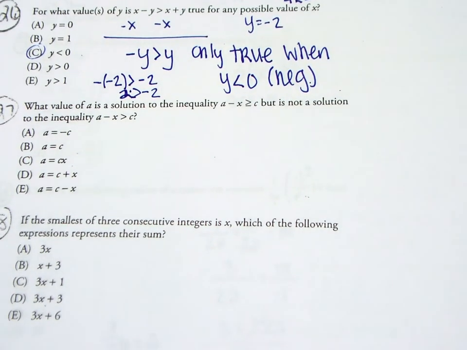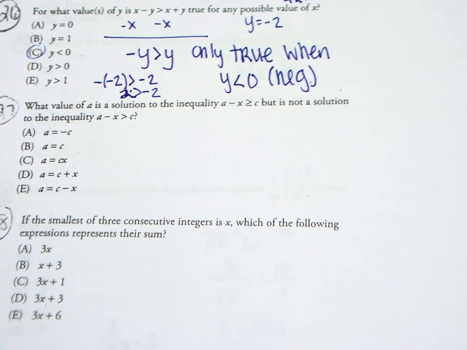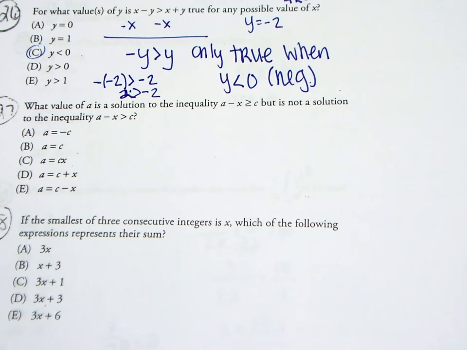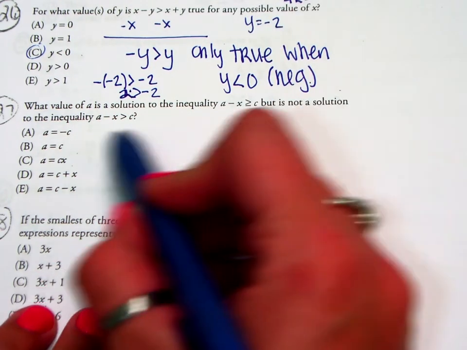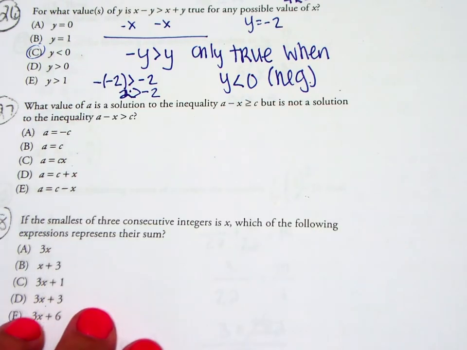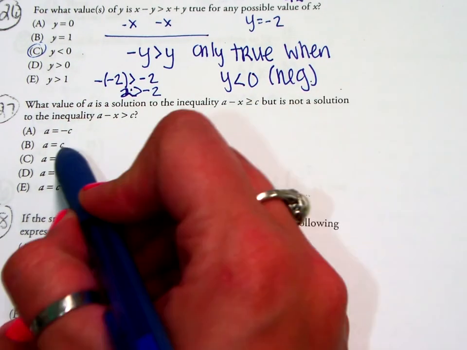Which value of A is a solution for the inequality A minus x is greater than or equal to C, but is not a solution to A minus x is greater than C? So you're looking for which one is a solution where it's greater than or equal to. Okay, so for this problem, you're looking for which one is true here, but not true here.